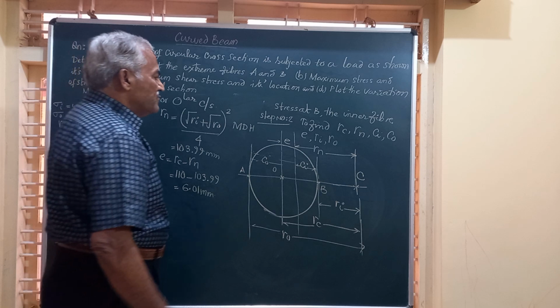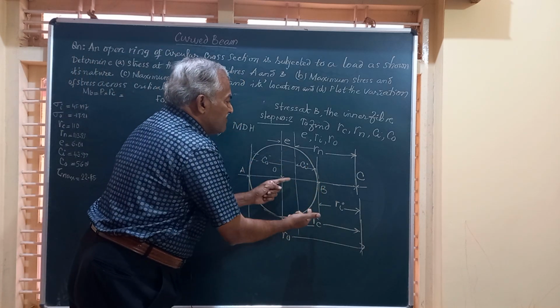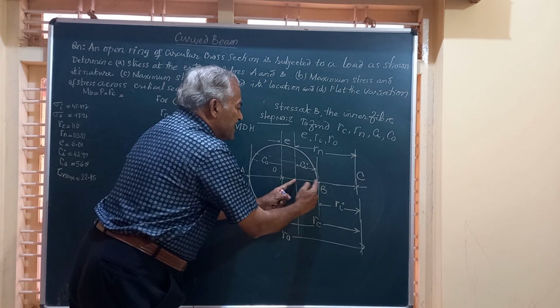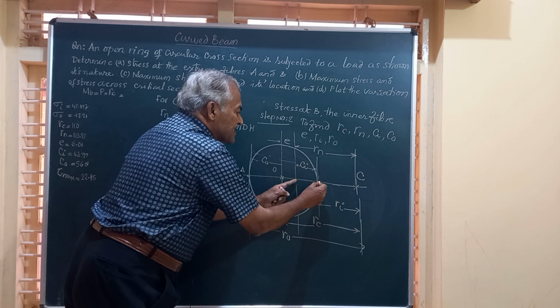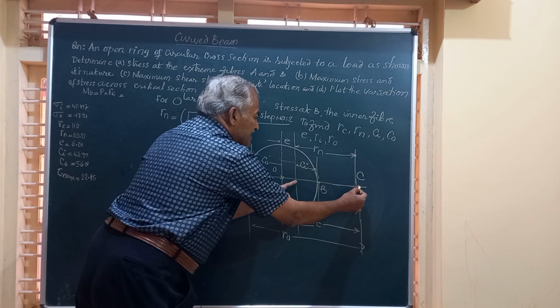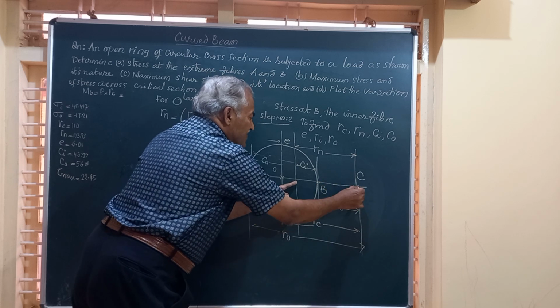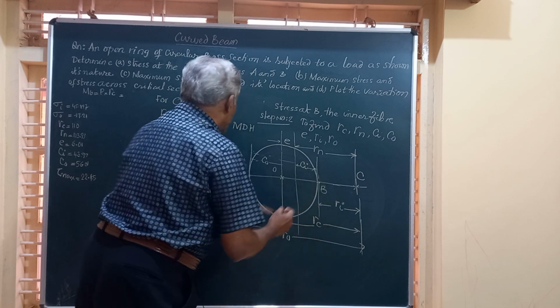We have got all the values except Ci and C naught. If you see the diagram, Ci, the distance from the neutral axis to the inner fiber, is nothing but Rn minus Ri. From Rn, if you subtract Ri, you get Ci.